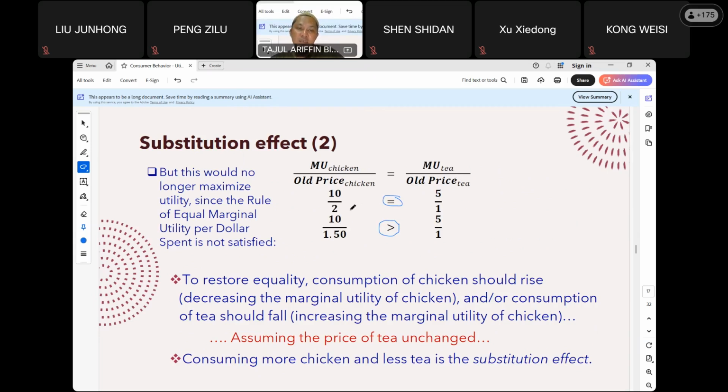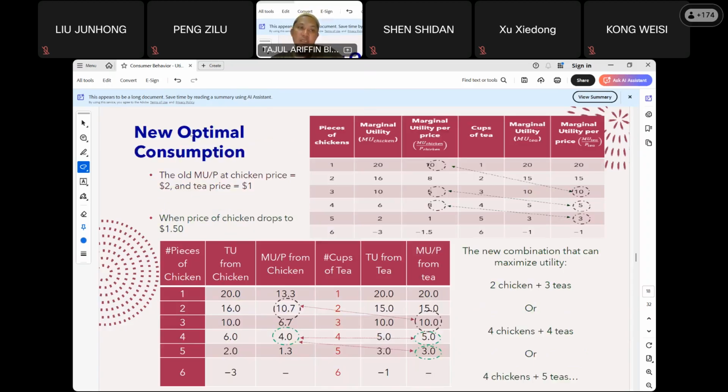Either you increase the consumption of tea, or you may increase consumption of chicken. But how exactly may it happen?